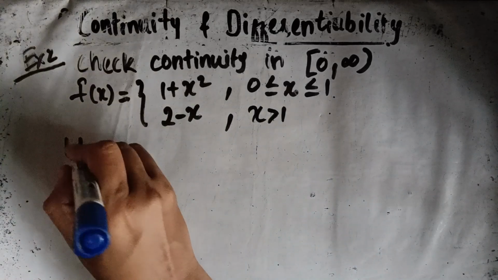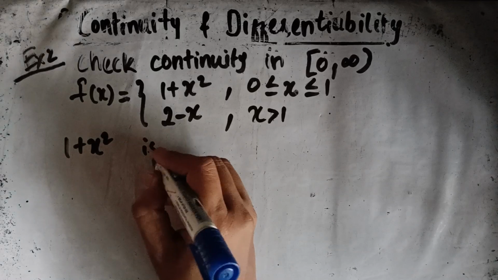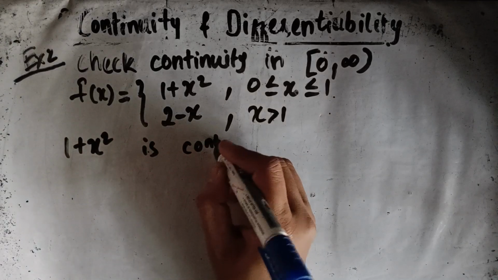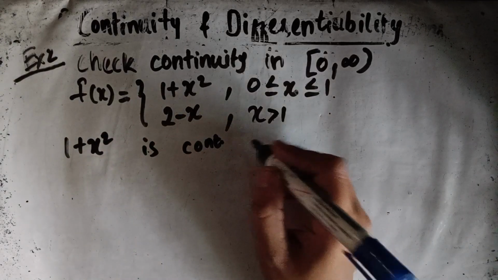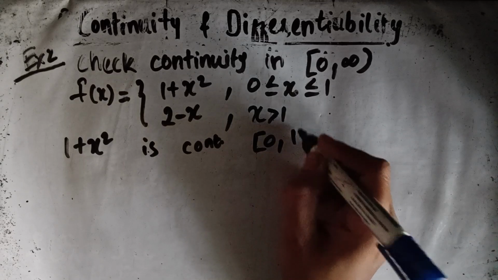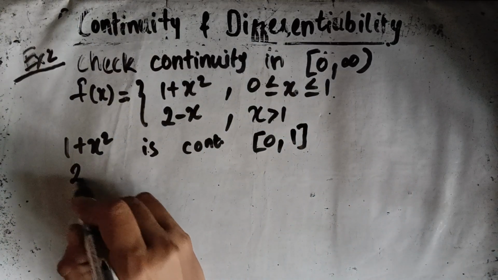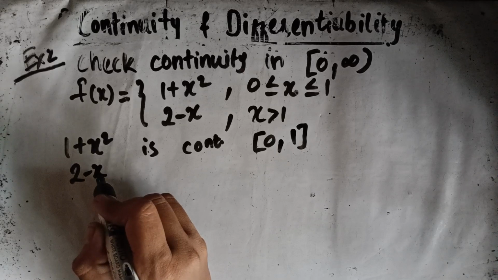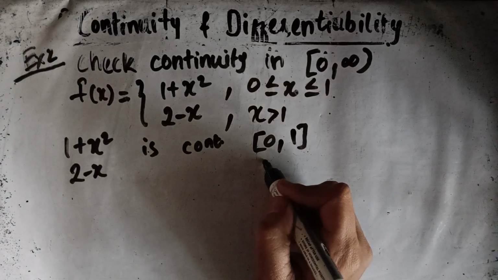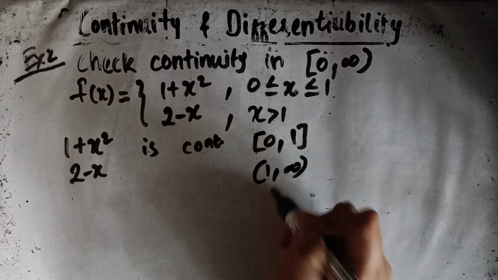That is 1 plus x square is continuous in the interval 0 to 1, and 2 minus x is continuous on 1 to infinity.